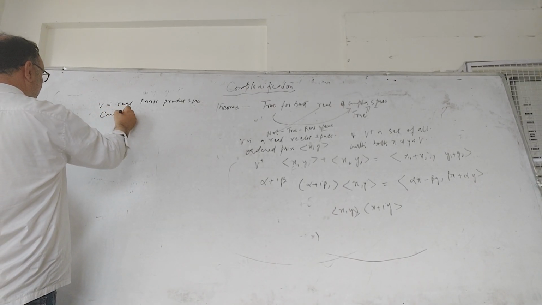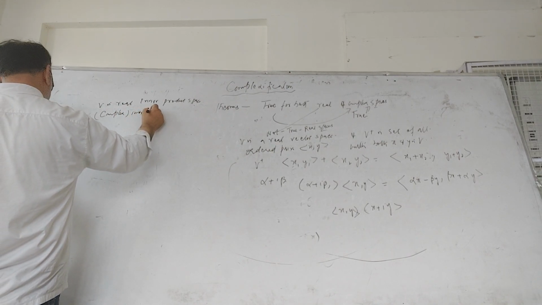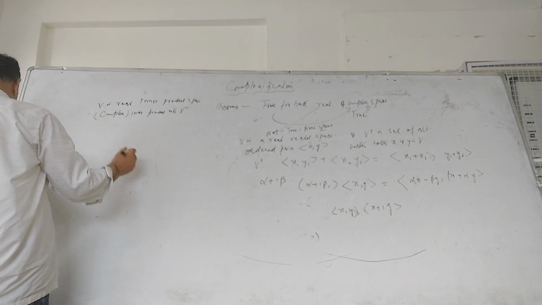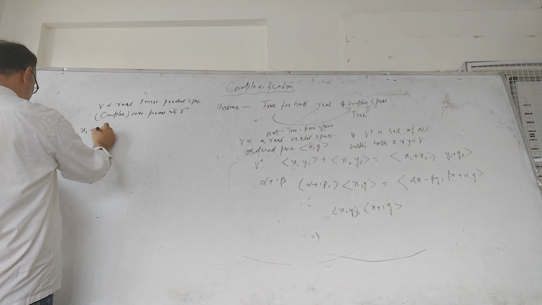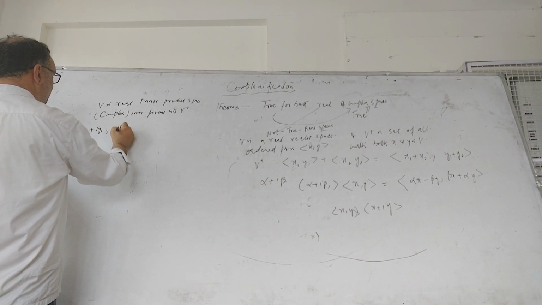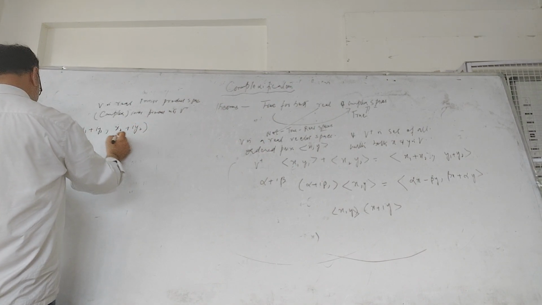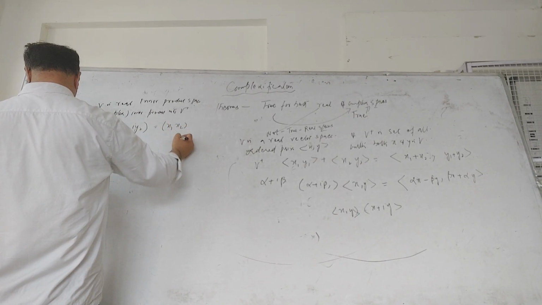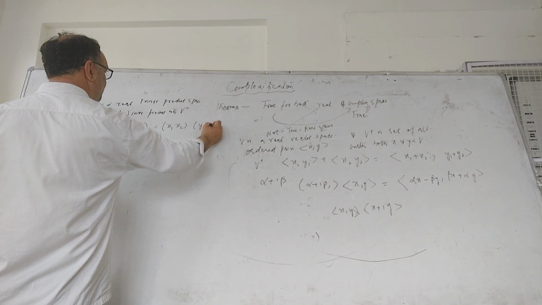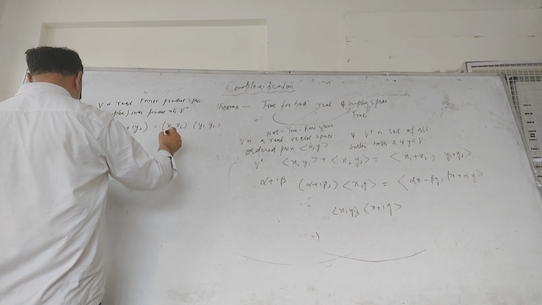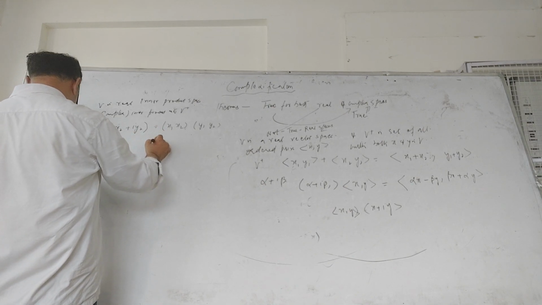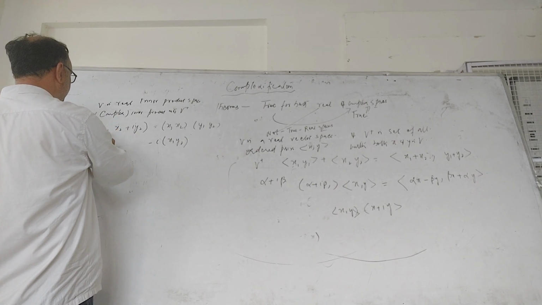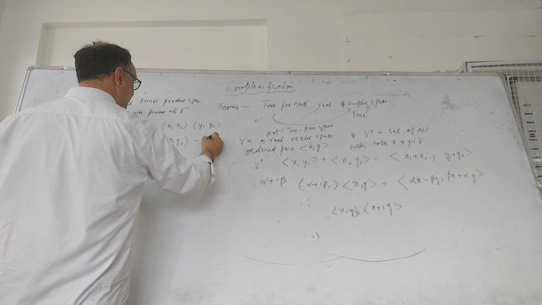We are going to introduce a complex inner product into V plus, and we write the definition: the inner product of x1 plus iota y1 and x2 plus iota y2 can be written as (x1, x2) plus (y1, y2), with the iota terms taken outside: (y1, x2) and (x1, y2).